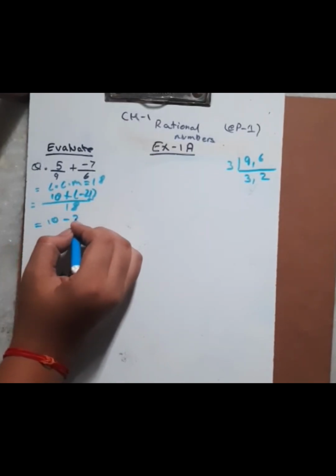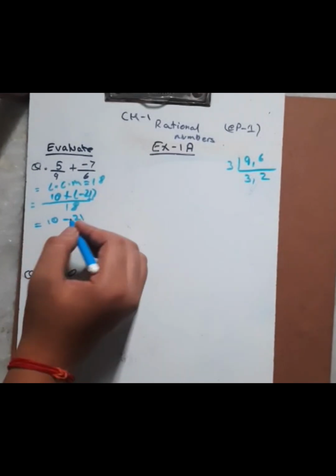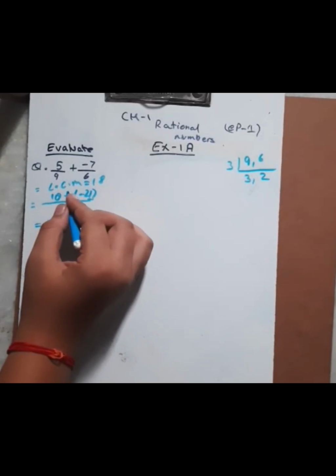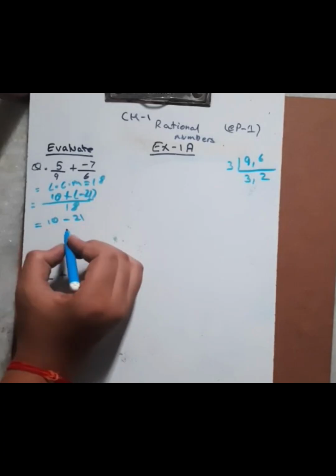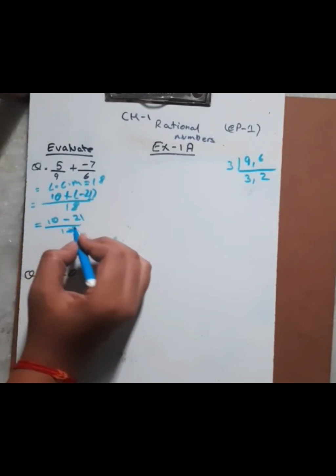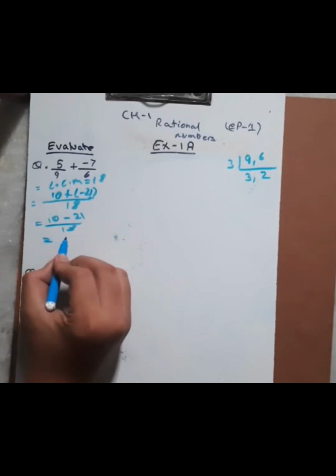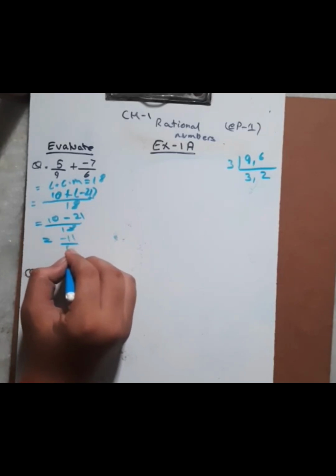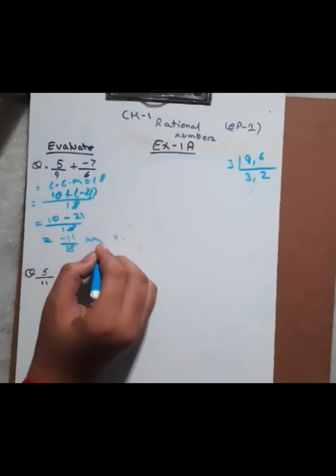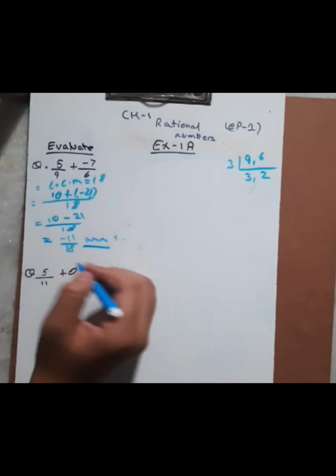As I told you all, plus into minus is minus. So minus 11 by 18. This is the answer.